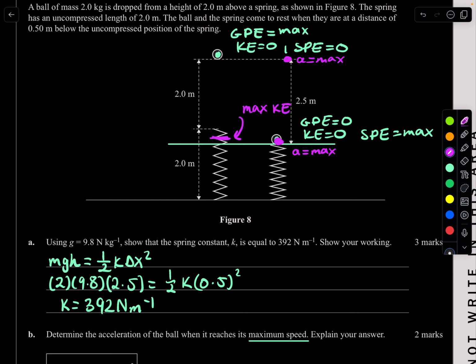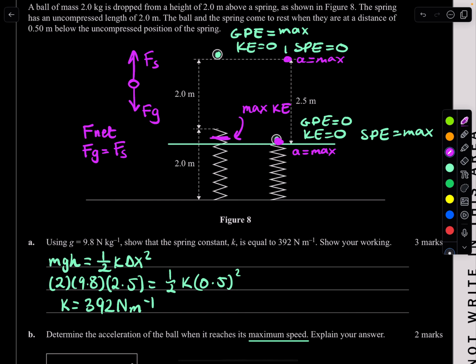But at that position, the net force is actually 0, because the force of gravity is equal to the force of the spring. So imagine the ball is here, and there is a force of gravity and a force of spring, and they are equal to each other, meaning the net force is 0, because they cancel out.